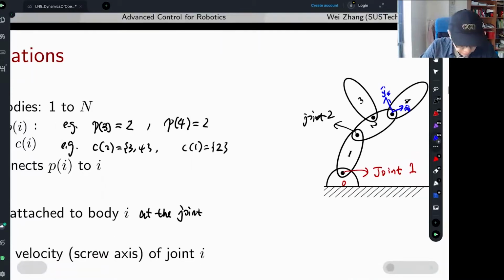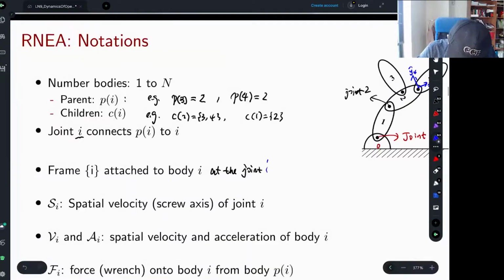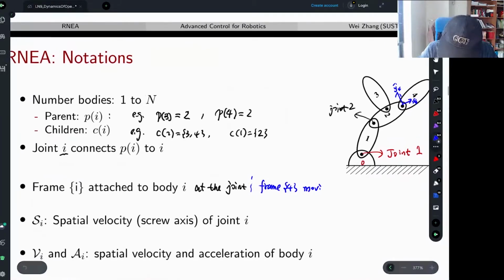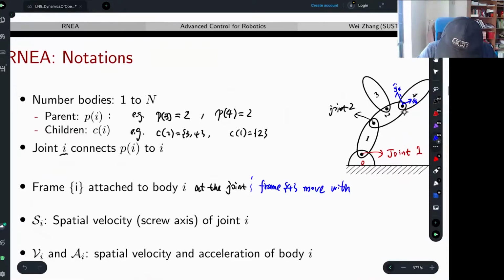Okay, so the frame 4, frame at joint. For example, I may ask, does frame 4 move with body 4 or not? It moves with body 4.